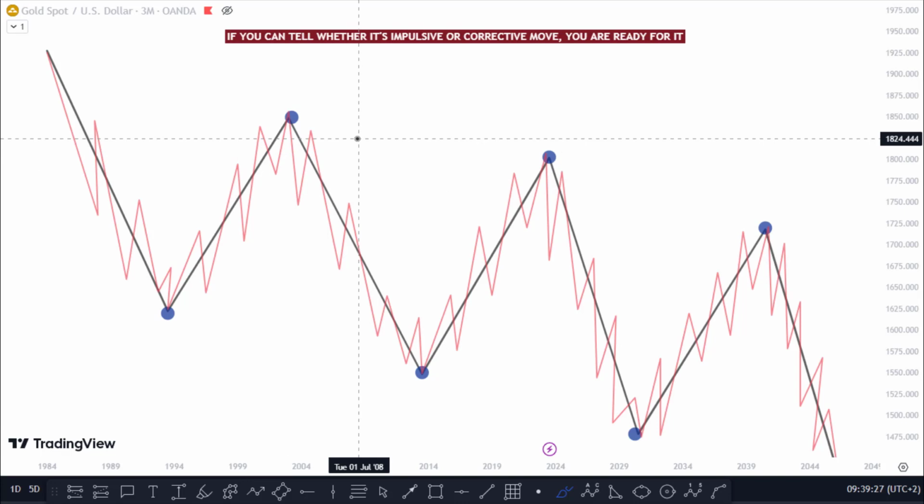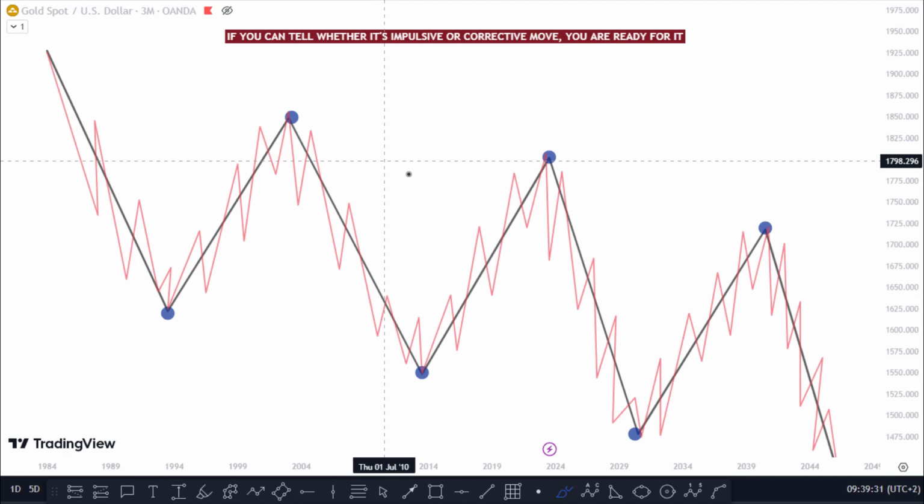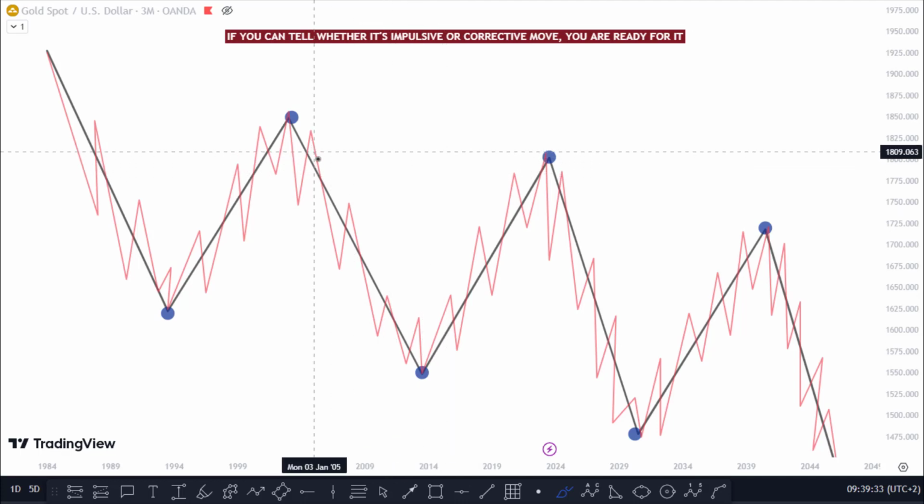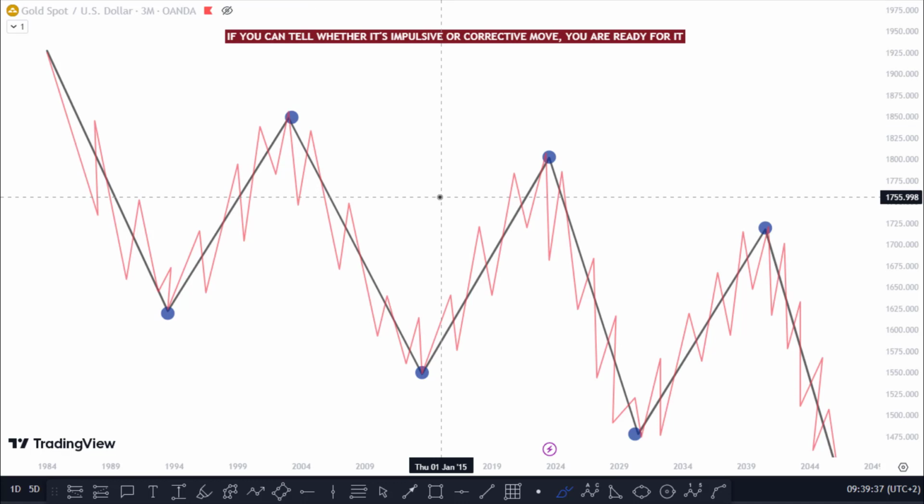But as of now, as you are following me, do not mind whether it's going to stop here or there. No. First of all, try to teach yourself to understand whether the movement you see is a corrective move or impulsive move. That's step number 1.